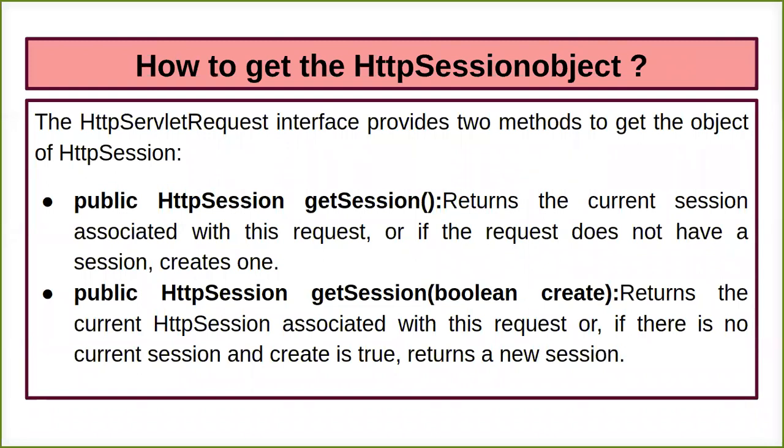It is going to return the current session which has been associated with the request, or if there is no current session and I write the boolean value as true in the parameter, then only it is going to create a new session. So as a developer, if you don't mention anything and simply write getSession, it will not wait for the developer's answer; it will automatically create a new one.